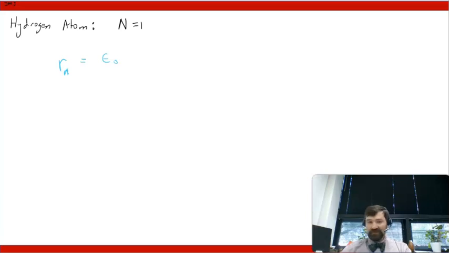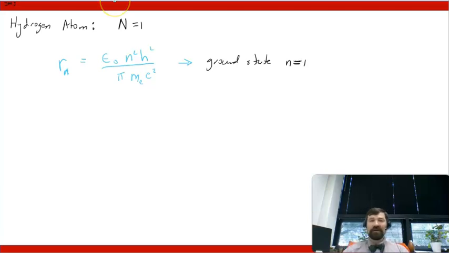So you have epsilon naught n squared, that's little n squared, h squared, divided by pi times the mass of the electron times the fundamental charge squared. And so now we say, okay, what if it's in the ground state? So the ground state has n equals 1. This is sort of like your fundamental hydrogen atom.